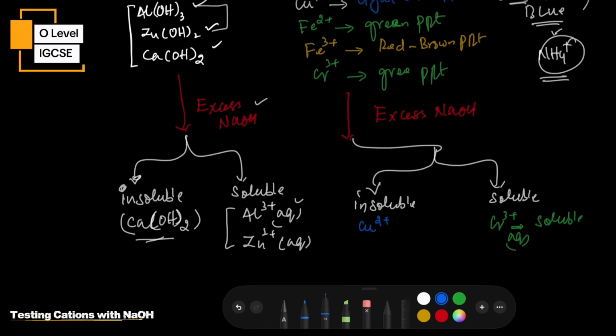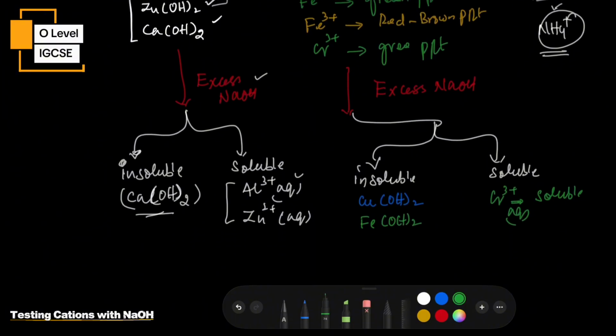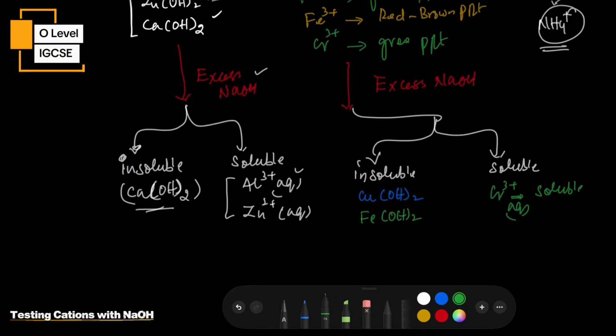Copper 2 positive ion will remain as a hydroxide, insoluble. Similarly, Fe(OH)2, the iron 2 positive ion precipitate, will remain insoluble, and Fe(OH)3, the iron 3 ion precipitate, will also remain insoluble.